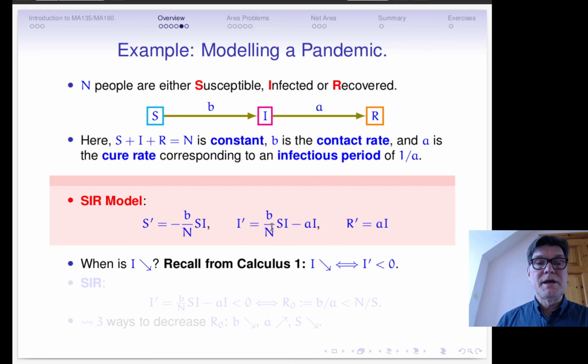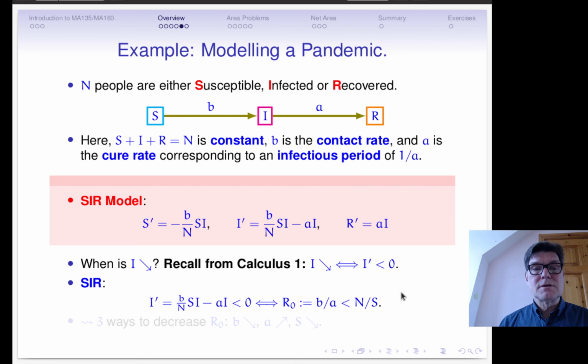It's B over N times S minus 1 times I, minus A times I. To have this negative, we can reformulate this inequality and get B over A must be less than N over S. This B over A, by the way, is often called the R0 of this model, which has been mentioned a couple of times recently.